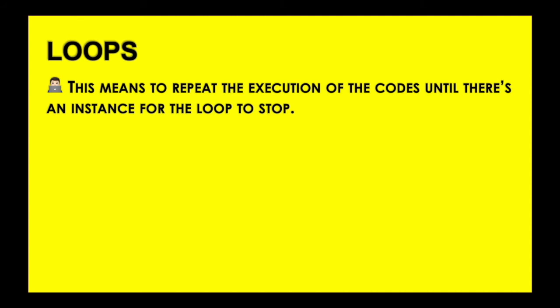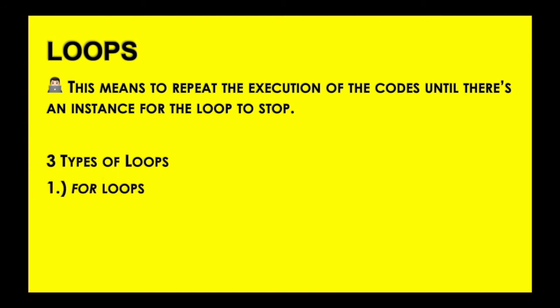And to avoid that repeated print function, we can actually use loops until there is an instance for the loop to stop. Now, for the loops in Python programming, there are actually 3 types of loops.